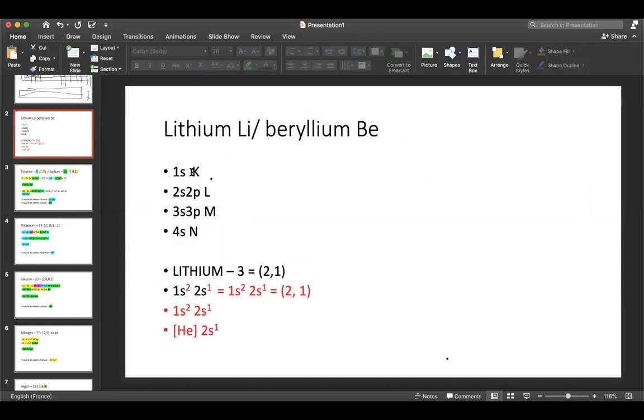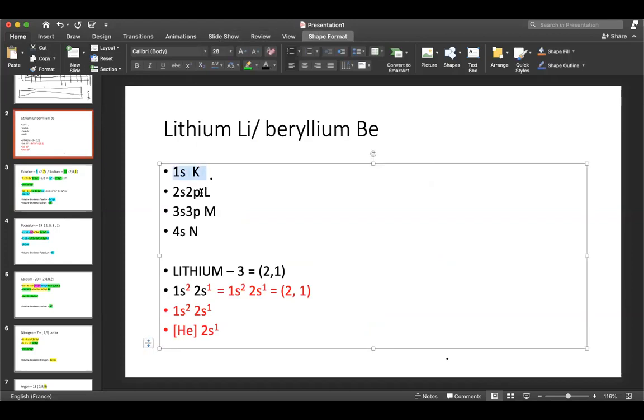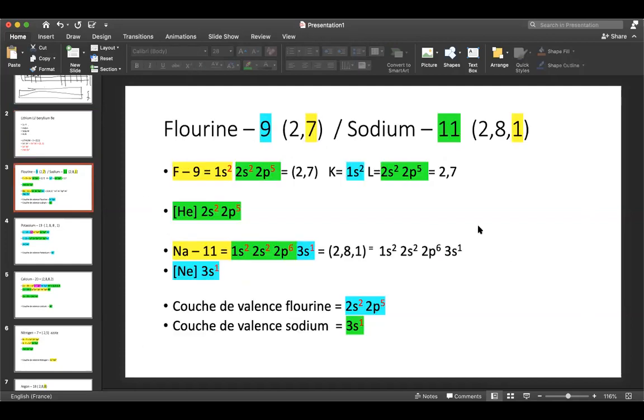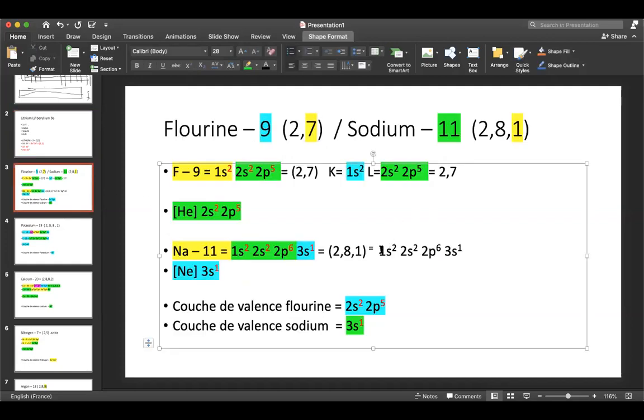We said the first orbital is going to be called K, the second one is going to be called L, the third one is going to be called M, and the last one will be called N. So we have K, L, and the last one, M. So our couche de valence in this case becomes 3s1.